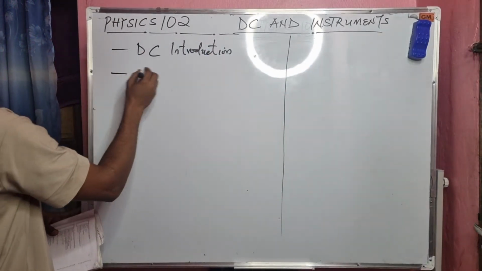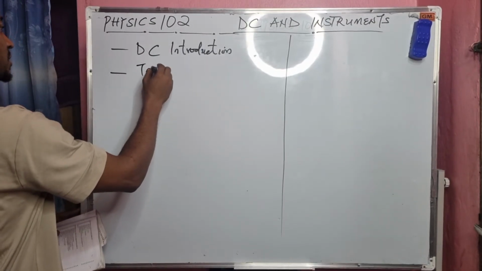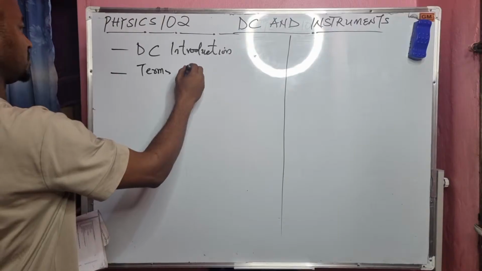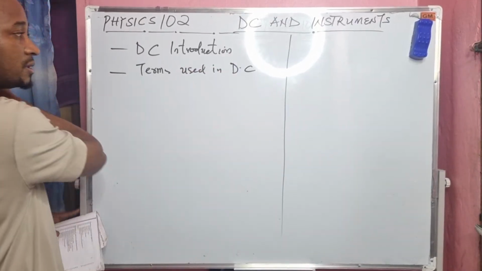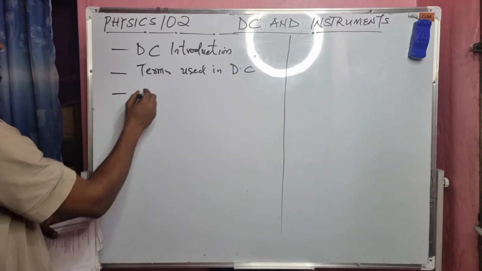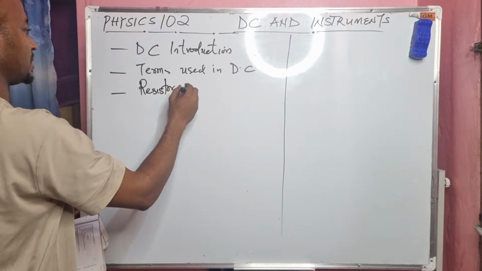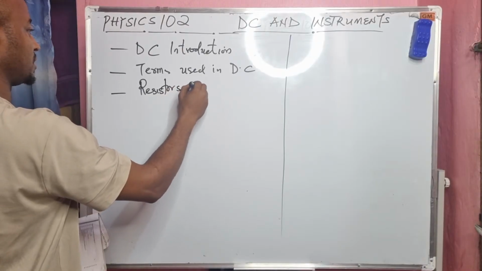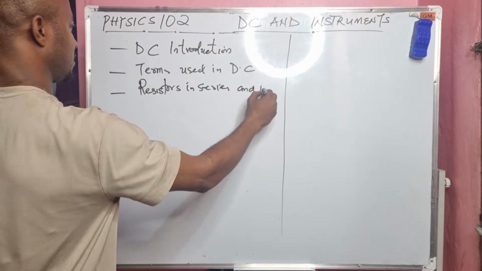We shall be considering some terms used in DC. Then we shall be considering what we call resistors in series and parallel.